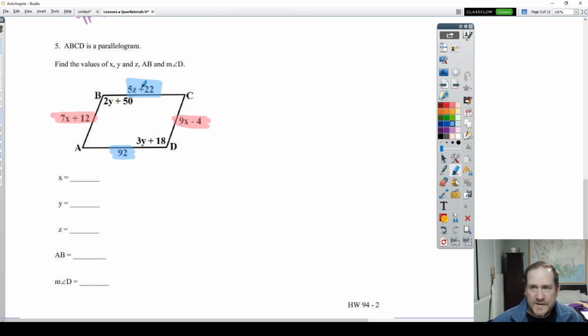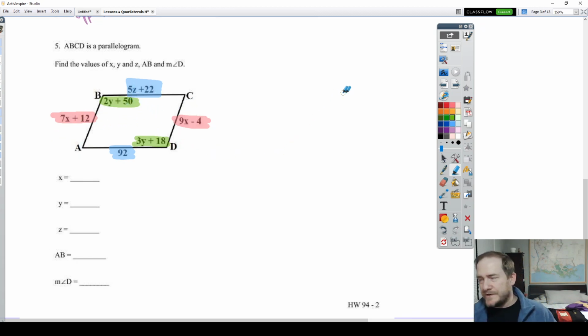So to solve for z, we'll just set these blue things equal to each other. Then we've also got a y expression as one of our angles, and then the opposite angle is another y. So you should notice that to solve for y, we're just going to set the green things equal. But everything here is equal. Opposite sides are equal, opposite angles are equal.